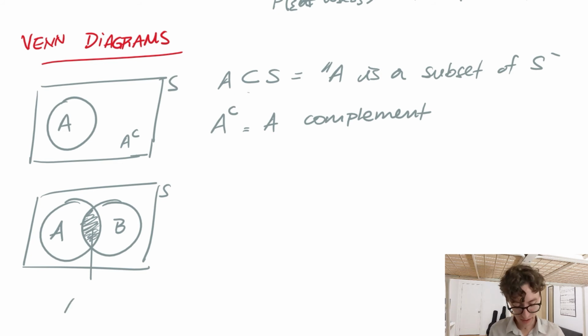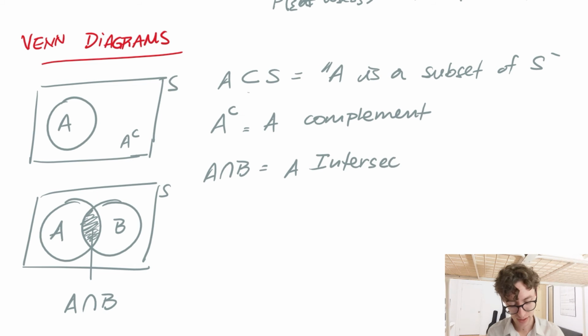Well, this will be A intersect B, and I'm using this weird looking upside down U to refer to intersect. That's the notation that we'll be using. So A intersect B is the location in the Venn diagram that A and B share, the space in our sample space that is shared by both the events A and B.